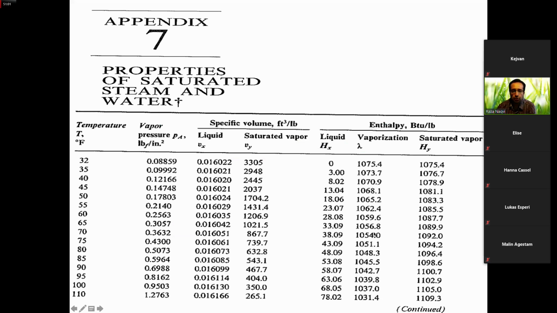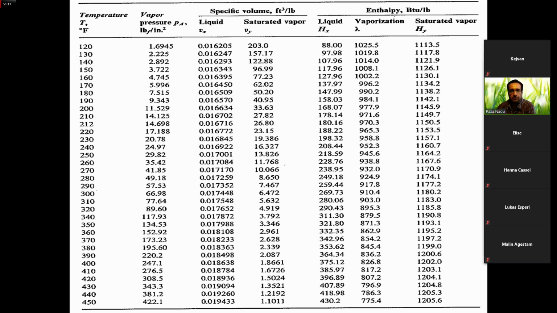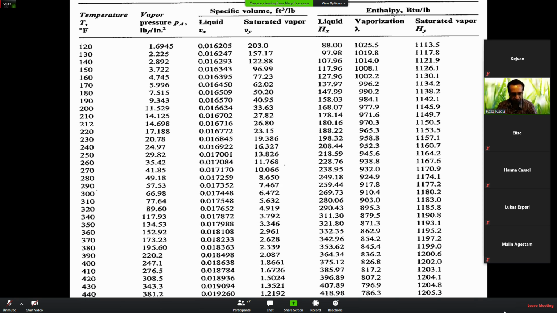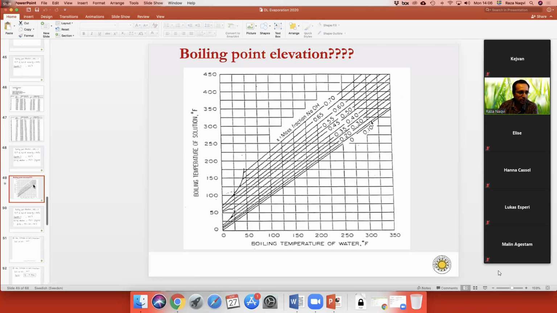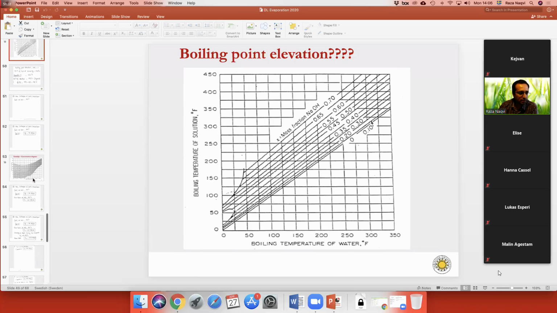Or I will also upload many different types of steam tables that you can use in order to find the properties of the saturated steam and water, right? So for different temperature and pressure, you can calculate all different values. And maybe I can also show you. So this is, we have already discussed the boiling point elevation diagram.